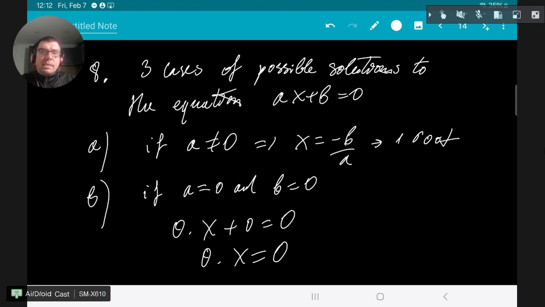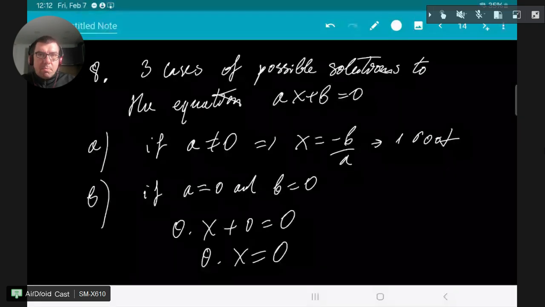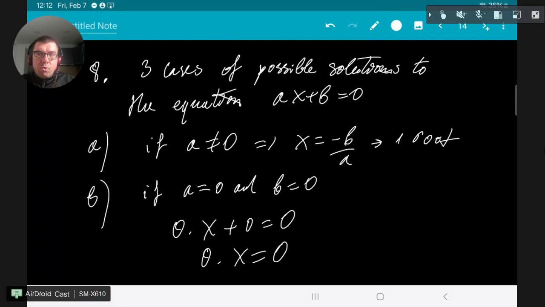In general, you can see that I can choose any number for x, and when I multiply it by 0, I'll get 0 and I'll have a correct equality. So I claim here that every rational number will be a root to this type of equation.